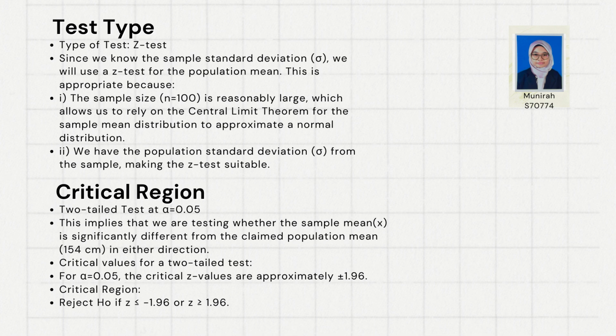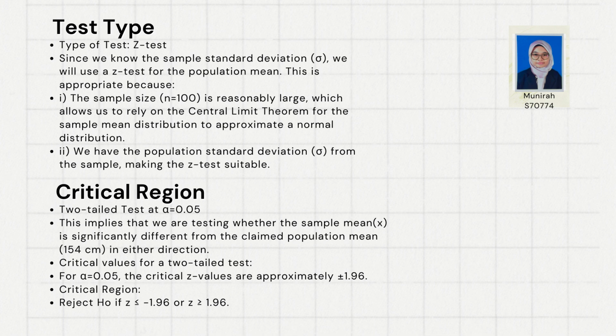For the critical region, it is a two-tailed test at alpha equal to 0.05. This implies that we are testing whether the sample mean x-bar is significantly different from the claimed population mean 154 cm in either direction. Critical values for a two-tailed test: for alpha 0.05, the critical z values are approximately plus or minus 1.96.